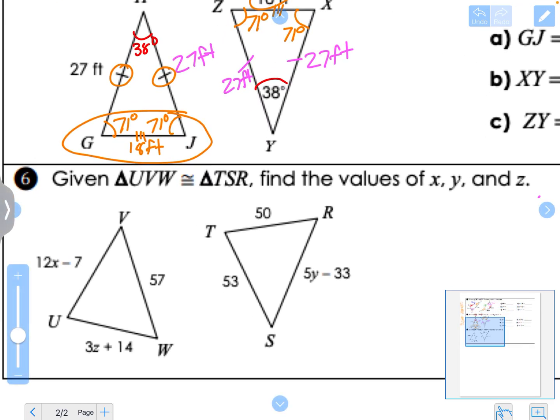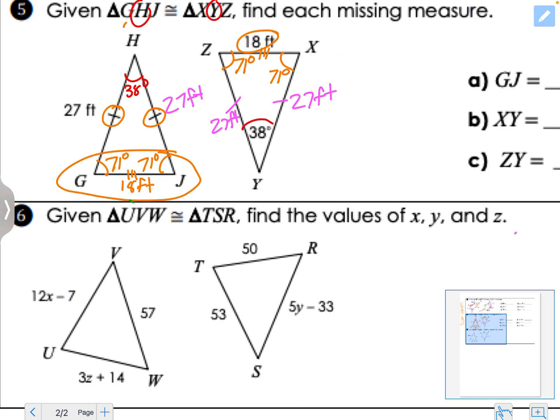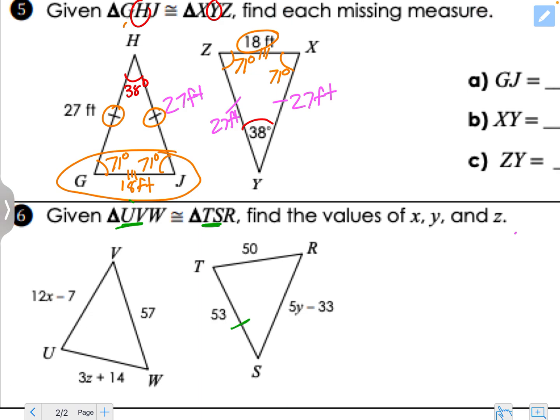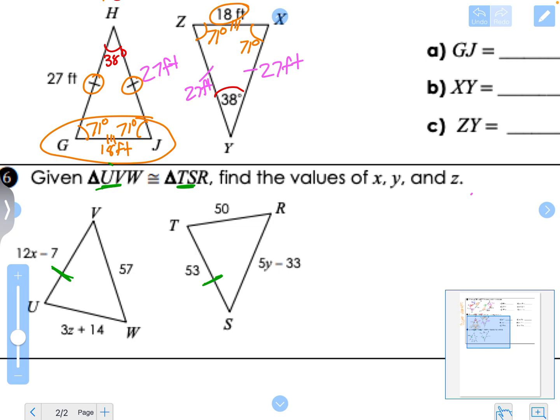All right, so now let's talk about when we add algebra and letters into this. So I know that side UV is the same as TS. So TS is here and UV is there. And one thing that I know about congruent sides is that congruent is another word for equal.